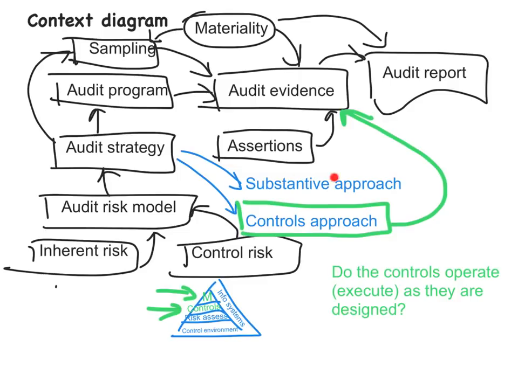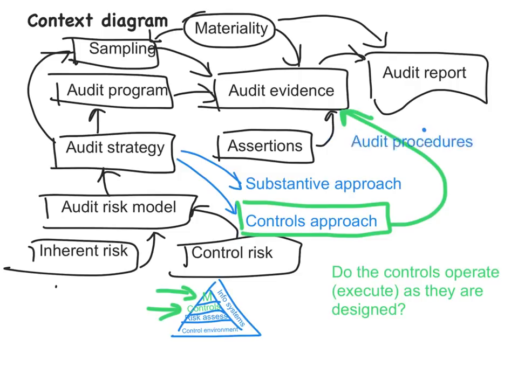So today we're going to look at how we test those internal controls, identifying what those controls are to gather audit evidence. All right? And we're going to use the same things that we already know about. So we already know about our audit procedures.